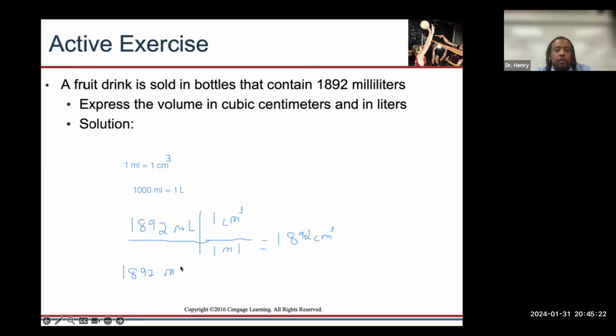So 1,892 milliliters divided by 1,000 milliliters, the milliliters cancel out, and we're left with liters.